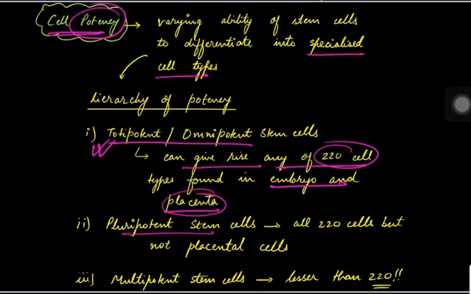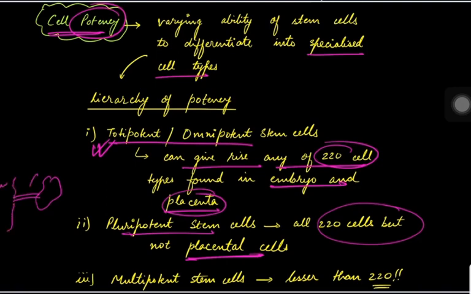These can convert into any of the 220 cell types of the human body, but not the placental cells. In the embryo, a feeding mechanism develops with the mother through a tube-like structure, and this is known as the placenta. So placental cells can be developed from totipotent cells but not pluripotent cells. But all other cell types can develop from pluripotent cells.